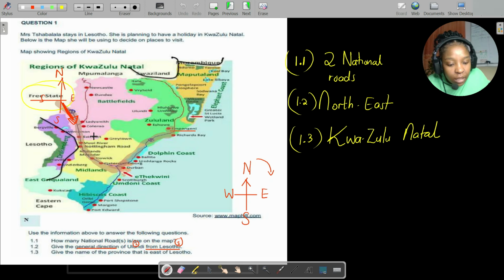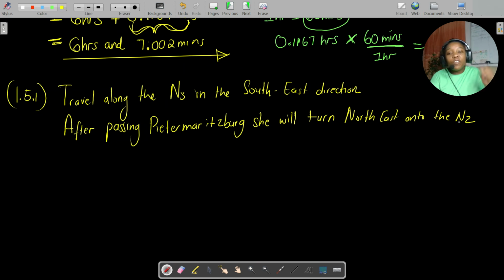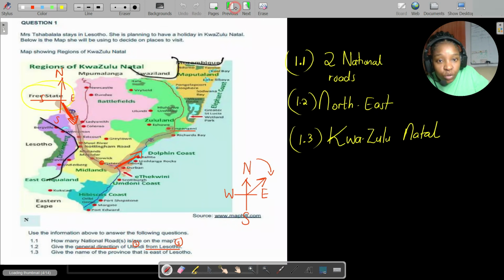And after she's passed, obviously look at the last tab, after she's passed Pietermaritzburg, then she's going to move in what direction is this? In the northeast direction along the N2. After passing Pietermaritzburg, she will turn northeast onto the N2.